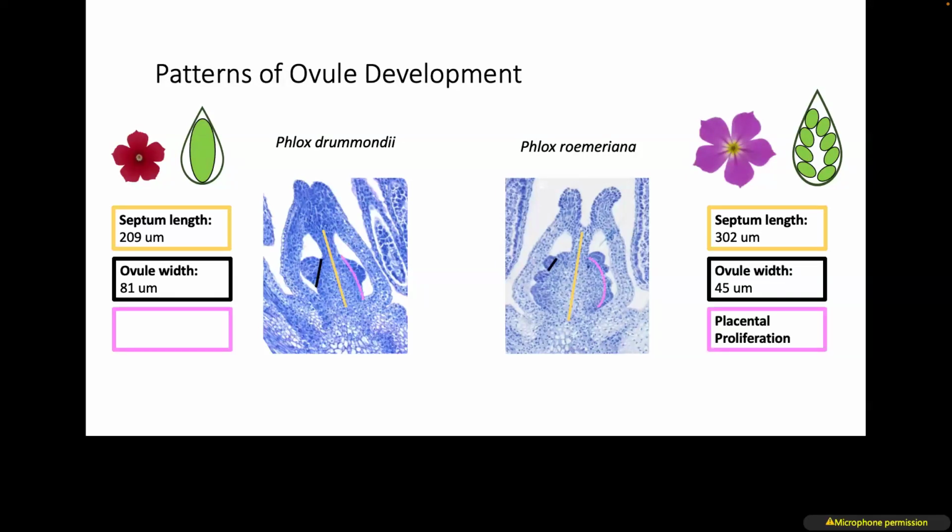We're also seeing them spaced very tightly along this placental bowing out. And what I'm also describing here is that there's a placental proliferation that we're only seeing in the bottom part of this ovary. So we're seeing a bowing out effect where there's greater surface area that's allowing for more ovules to form within the locule.